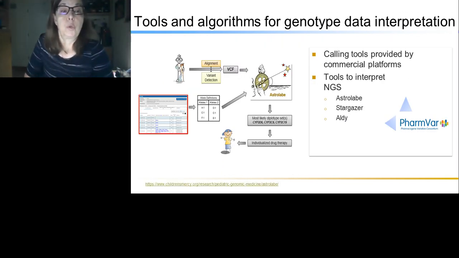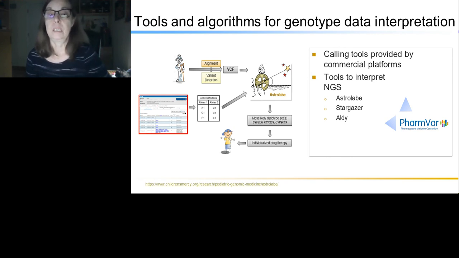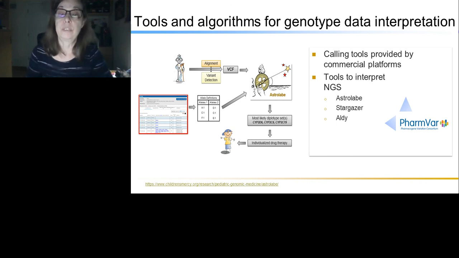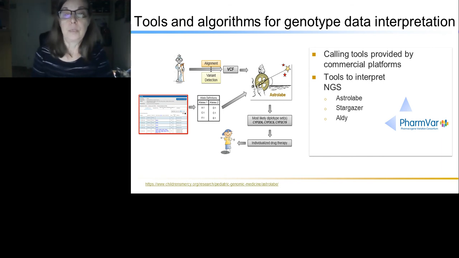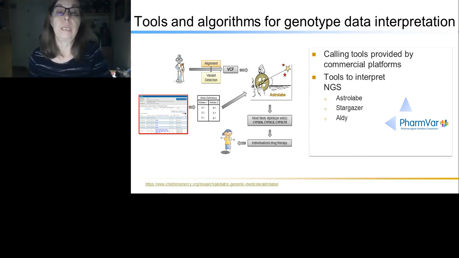Then there are also tool and algorithm developments to interpret genotype data. There are a number of commercial platforms which also provide calling tools for these star alleles. And then there are also independent academically developed tools to interpret, for example, next generation sequencing data, like Astrolabe, Stargazer, and Aldy, to name just these three.